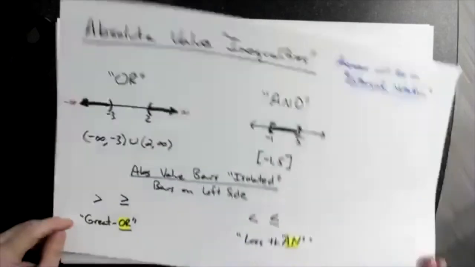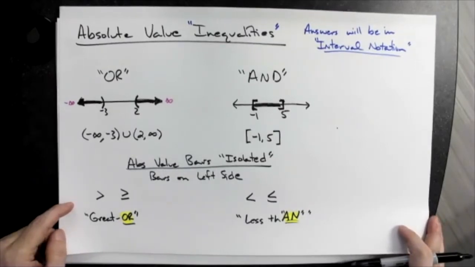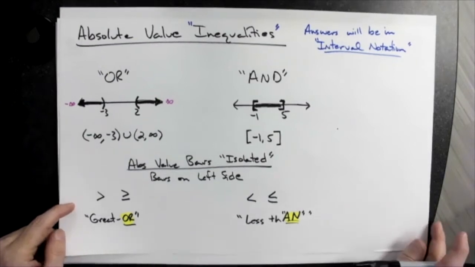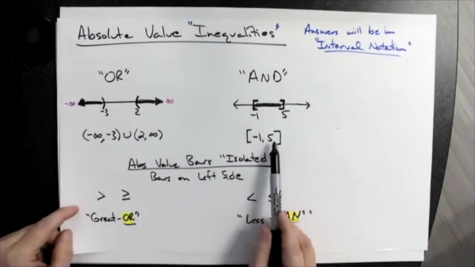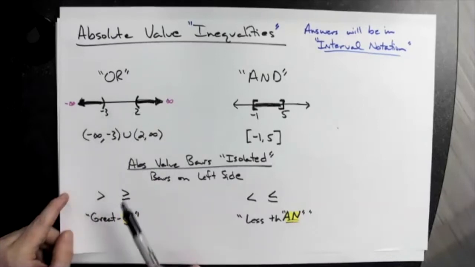The reason you might need to know what it means is because when we do absolute value inequalities, we will set up a solution set, and you'll have to know how your solution is going to look. Is your solution going to look like this, where all the answers are on the inside, or are they going to look like they're in 2 different locations?